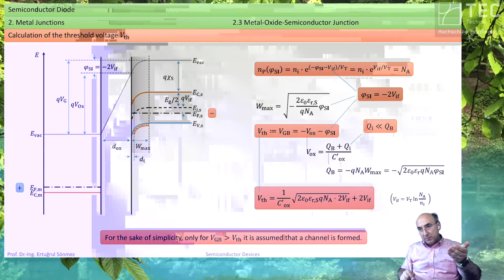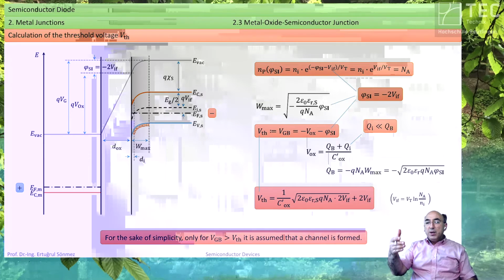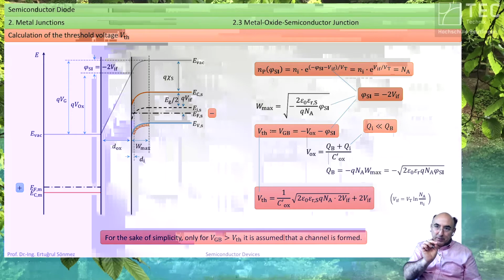The density is inverted, but the amount is negligible. That means if you buy a transistor, look into the application sheet, and in the application sheet you see for a power MOSFET, your threshold voltage is 5 volt, 4 volt. If you apply 4 volt and you expect current, you will see nothing. The current is very, very low. That's the starting point, by definition, of the current.